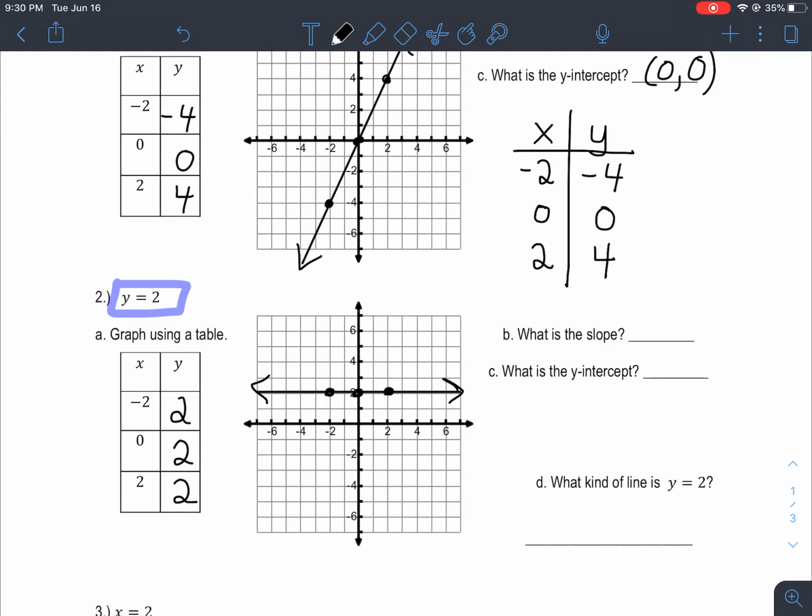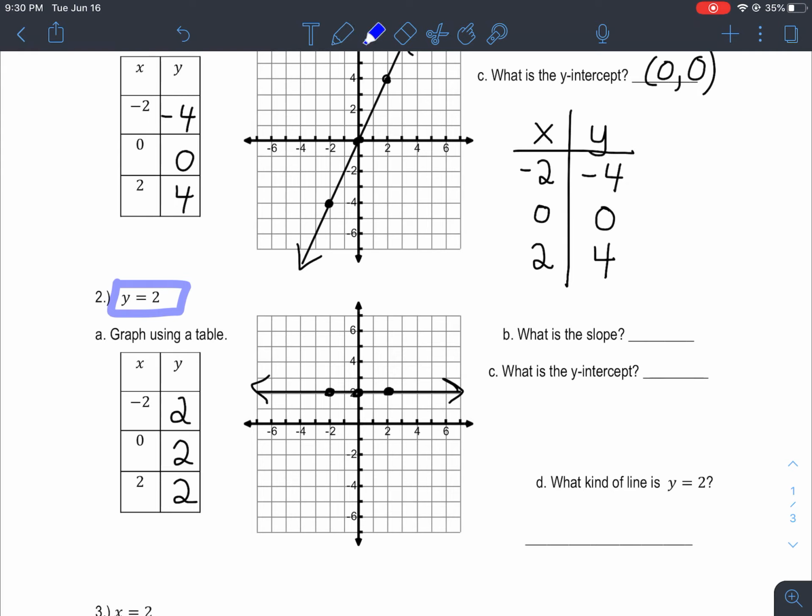My slope is, if you know your slope, you can definitely pause this video and write it down. See if you can write down the slope and y-intercept. Okay, so now to talk about the slope. Slope means how much you are rising and running, how much you are increasing on a ramp.